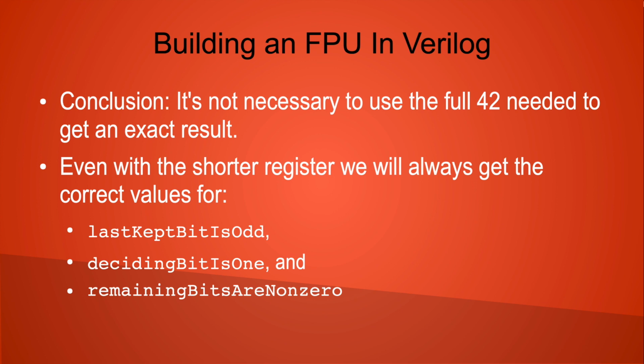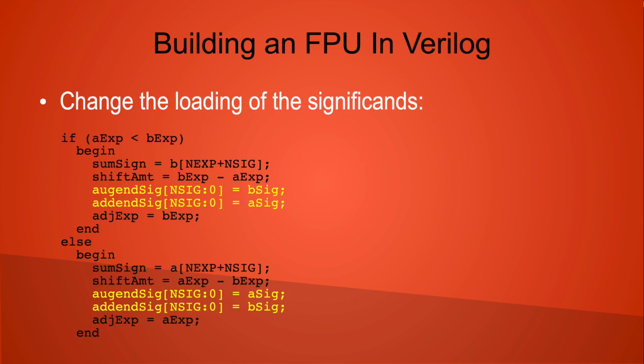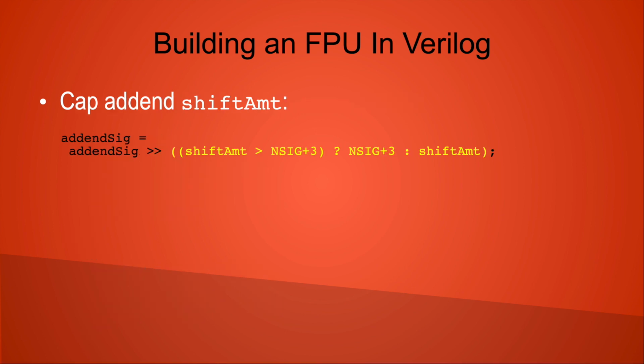Using the shorter register definitions does have some impact on the code. The first change is how the augend sig and addend sig registers are loaded. And because the significand registers can no longer represent the full dynamic range of the binary 16 floating point format, the code needs to limit the amount which the addend can be right shifted.